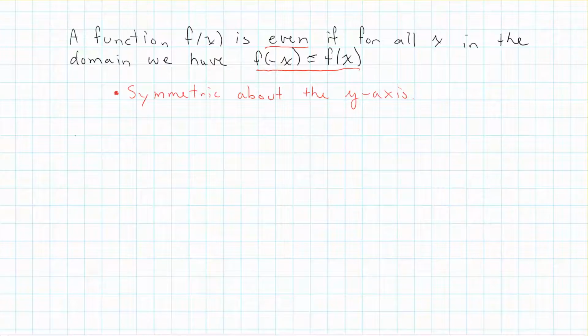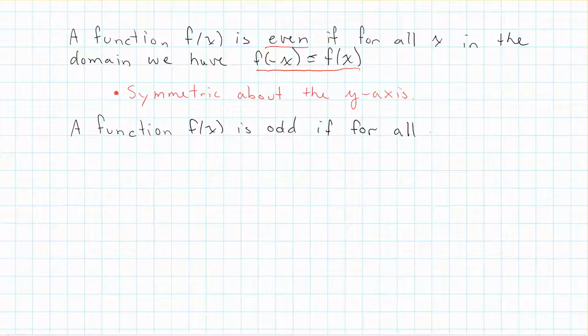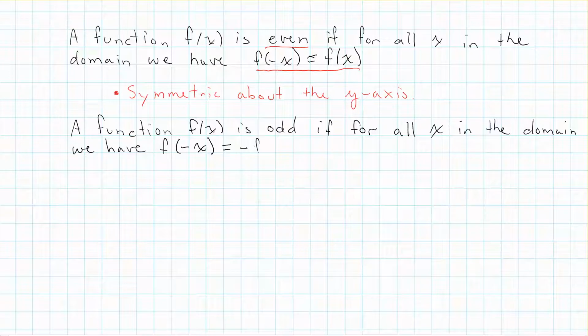So a function f at x is odd if for all x in the domain we have f at negative x equaling negative f at x.